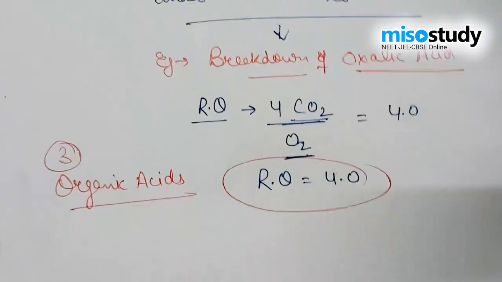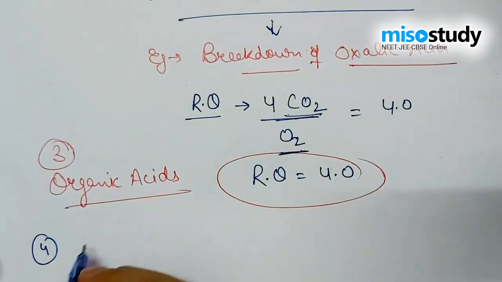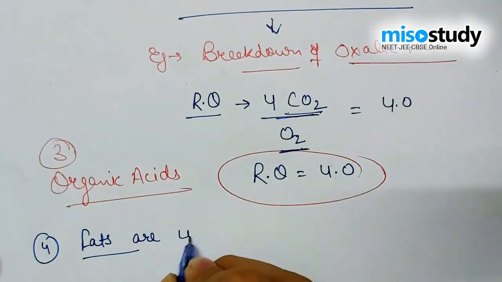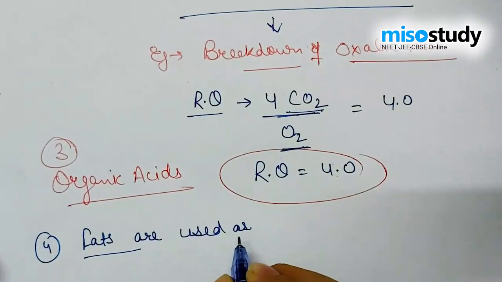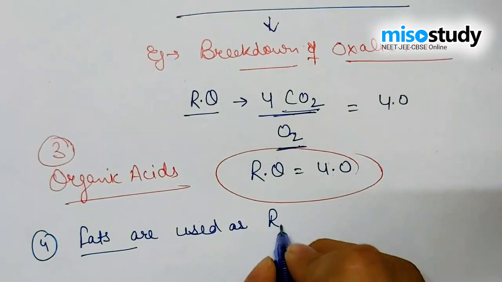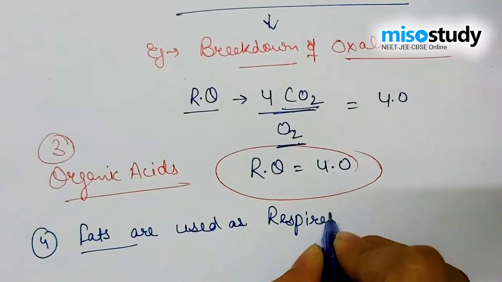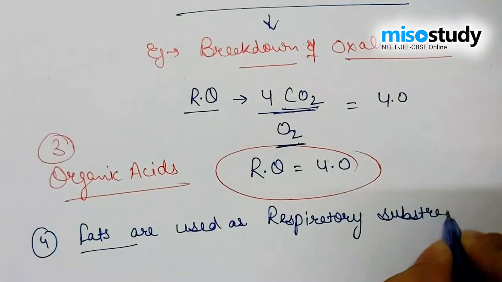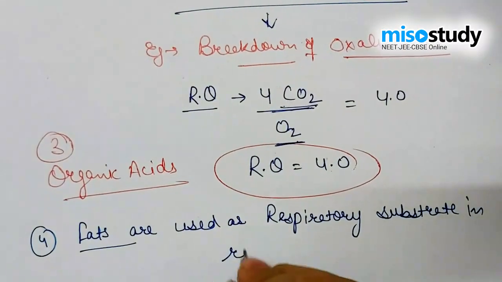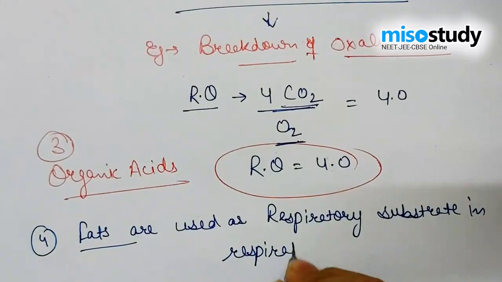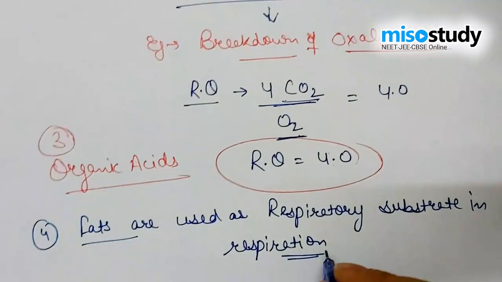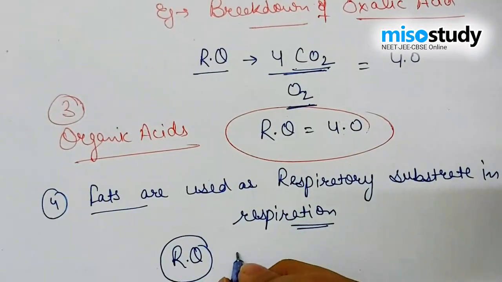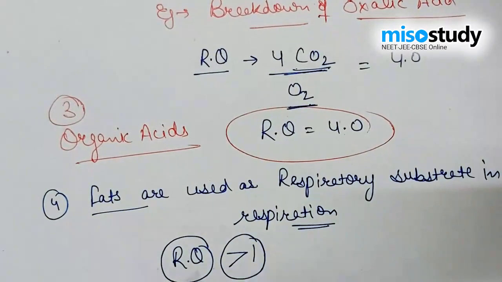In the next case, when fats are used as the respiratory substrate in the process of respiration, the respiratory quotient is less than 1.